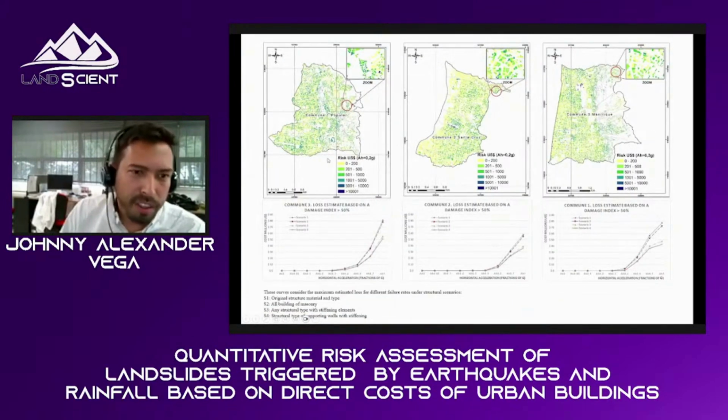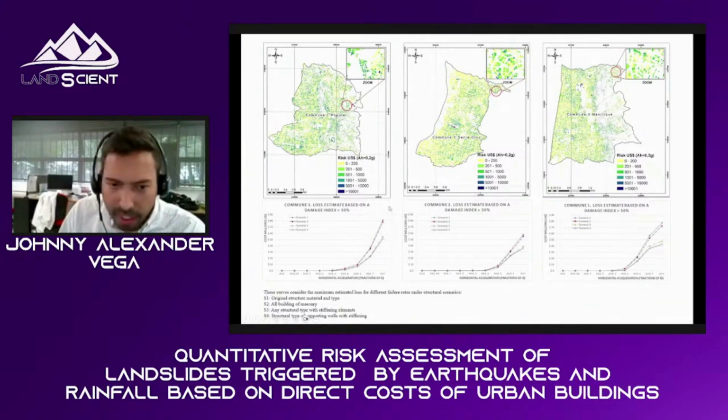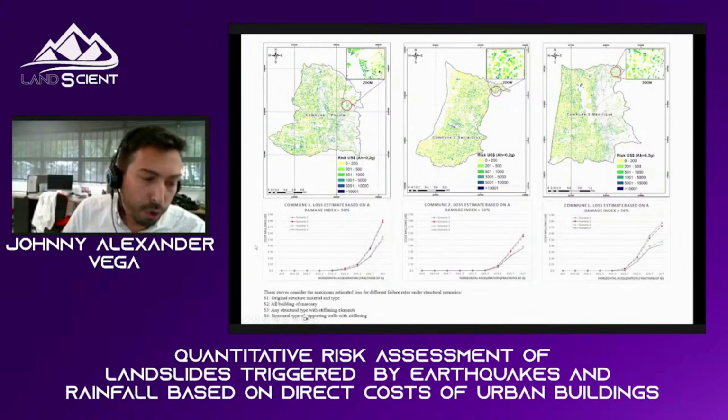In this slide, you can see the risk maps, considering the magnitude of an earthquake according to the Colombian Building Code. And you can see in this part of the slide different simulations according to the different scenarios that were considered.